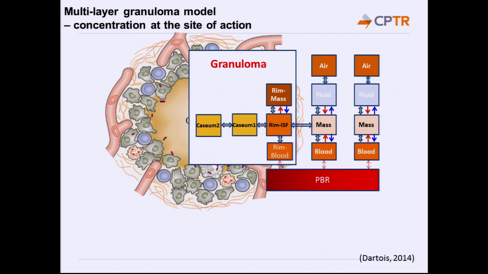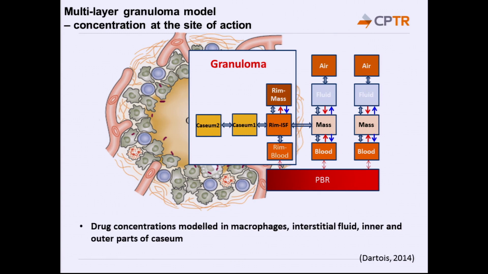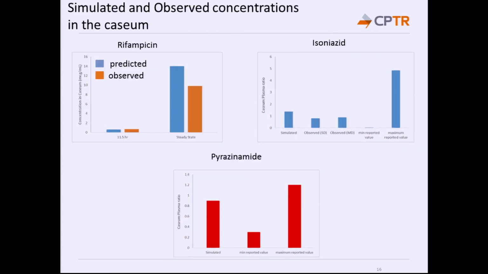We're accounting for movement of drug from the rim blood into the interstitial fluid, into the macrophages, but also into the caseum compartments, which we've split in this case into caseum 1 and caseum 2. So the idea is that you can start to model the drug concentration in the healthy lung tissue and in the epithelial lining fluid, but also within the granuloma.